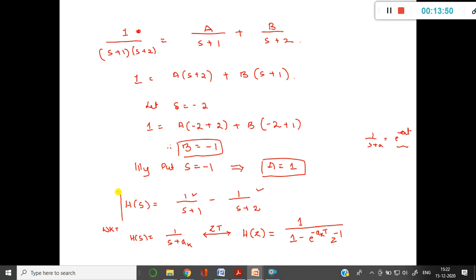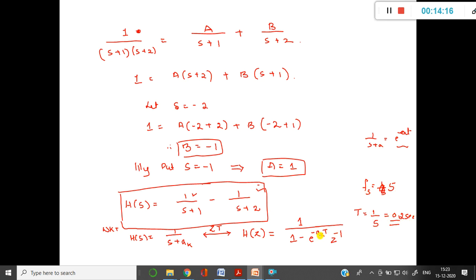So H of s is nothing but this, okay? Separately I took the z transforms of 1 by s plus 1 and 1 by s plus 2, and I put T equal to 1 by fs, because fs is given as 5 samples per second. That gives me 0.2 seconds, right? So initially for this 1 by s plus 1, the first pole lies at a_k equal to 1, and the second pole at 2, for k1 and k2.